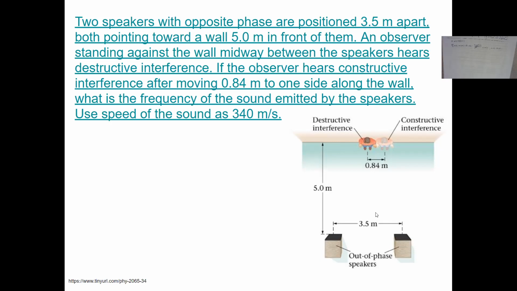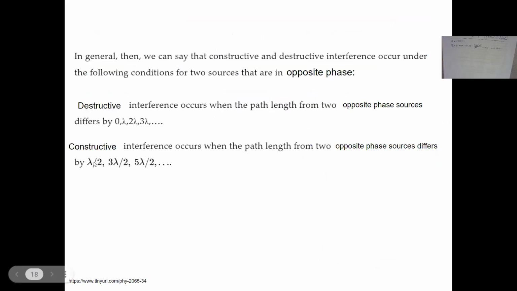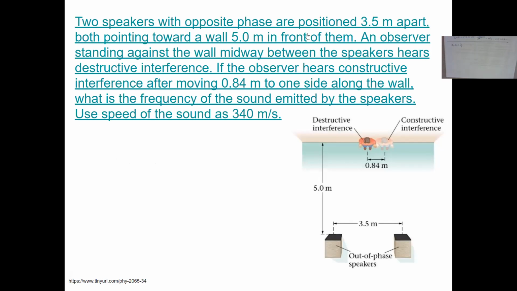So in this case, the path difference, x1 and x2, for constructive interference, is half lambda. In that sense, we should just write out x1 minus x2 equals half of lambda. Let's do a sketch of this one as well.